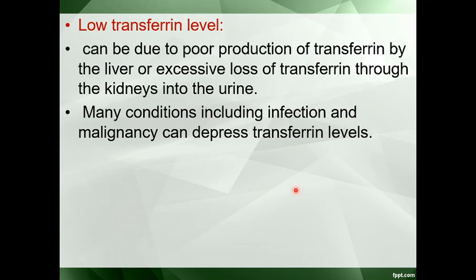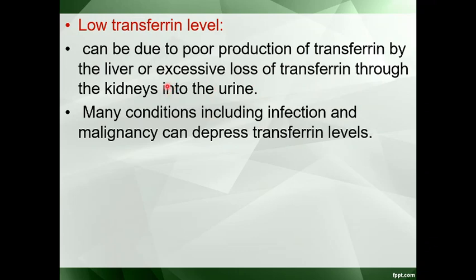Low transferrin level can be due to poor production. There are many factors which are related to the low transferrin level. It may be due to poor production of transferrin by the liver or excessive loss of transferrin through the kidneys in the urine.